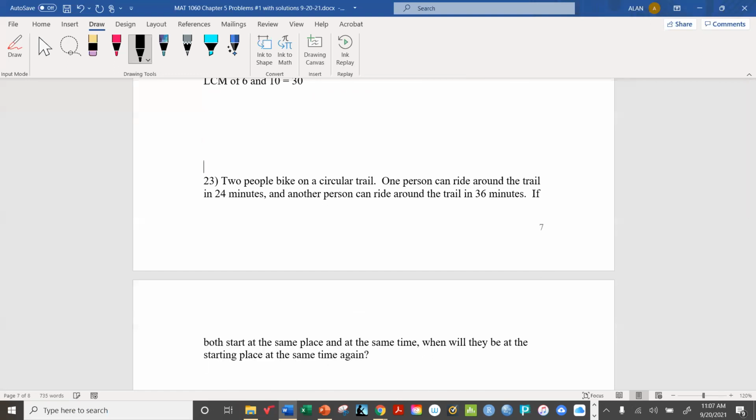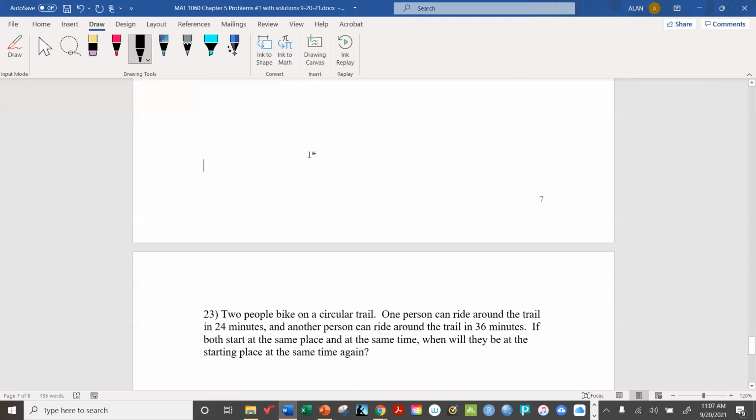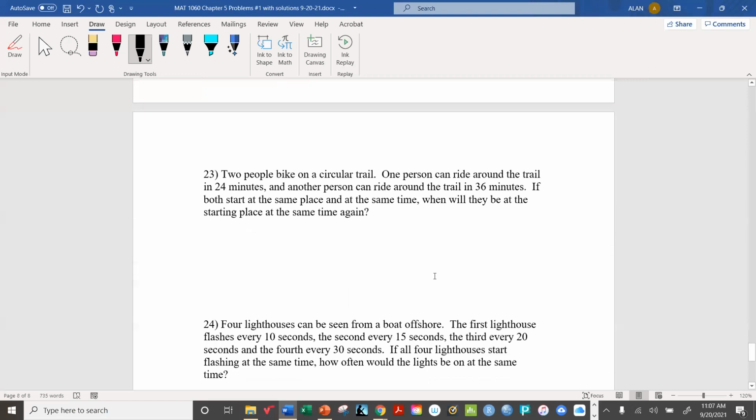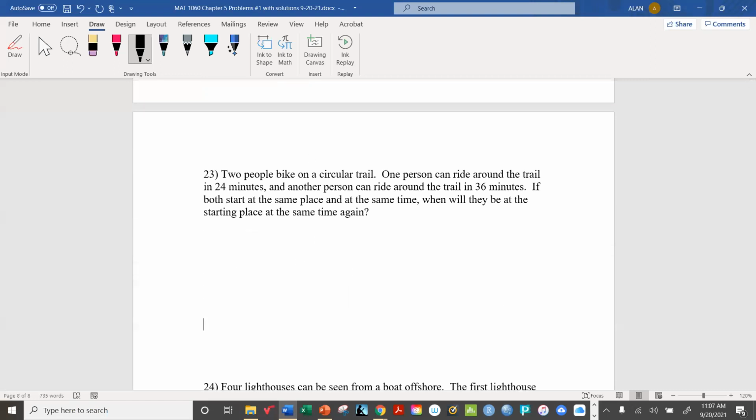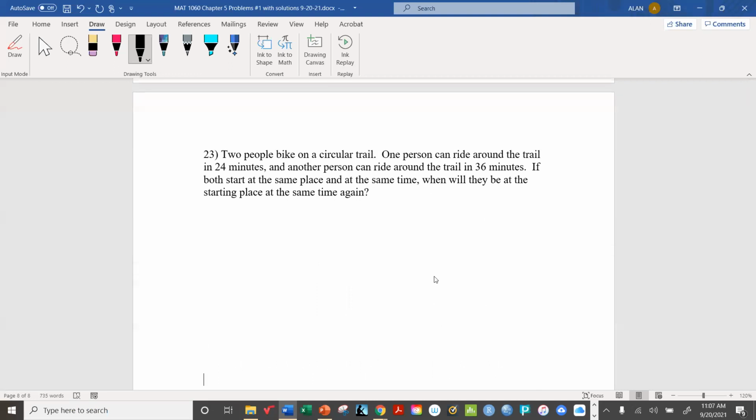Actually, let me move this down here. So you can easily imagine if you pick any point on that loop and start riding your bike, eventually you'd be back at the starting point, wouldn't you? Unless you get lost or something. You start here, you go all the way around, and you come back.